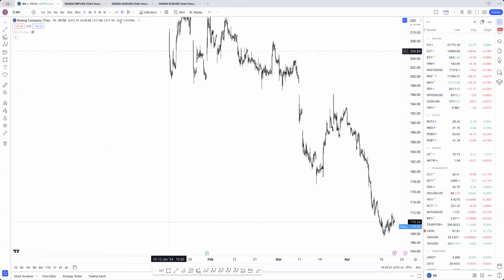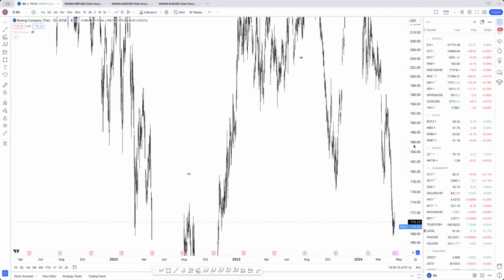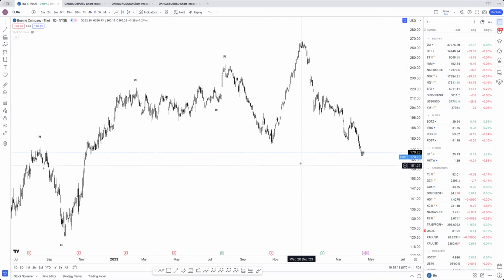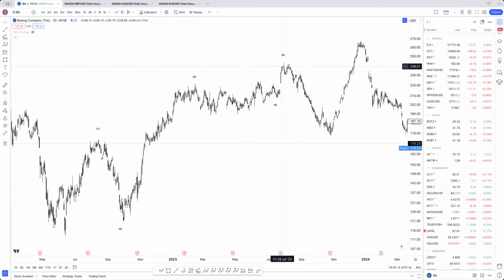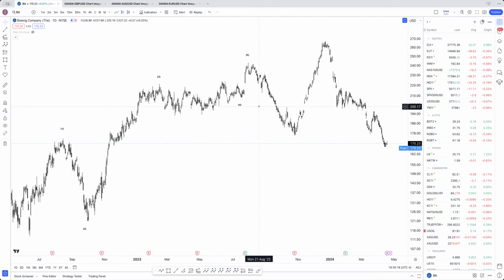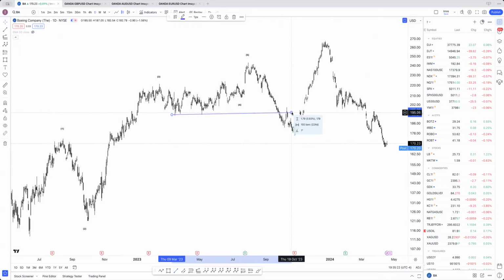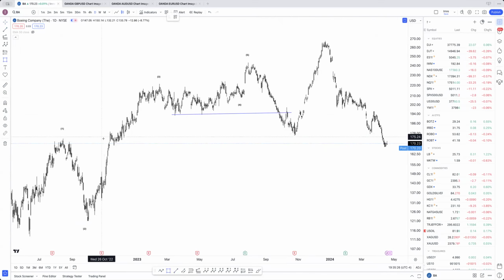Boeing, also a stock that I haven't really looked at. Well, that count was, I guess, right to some extent. That's obviously a fifth wave. But anyway, what do we see here? Here's our inducement. There isn't really any clear order flow here.